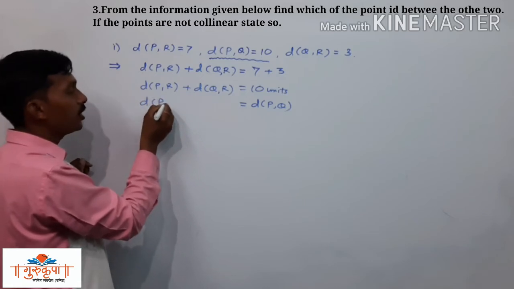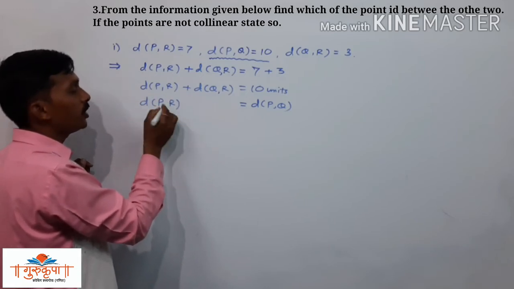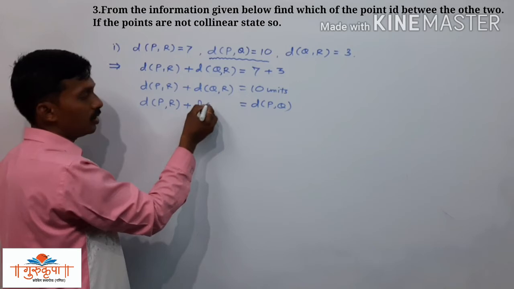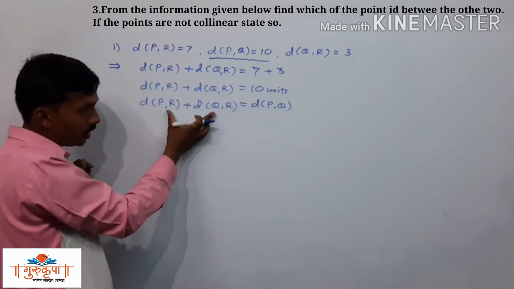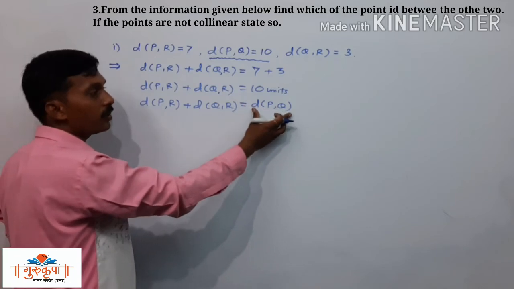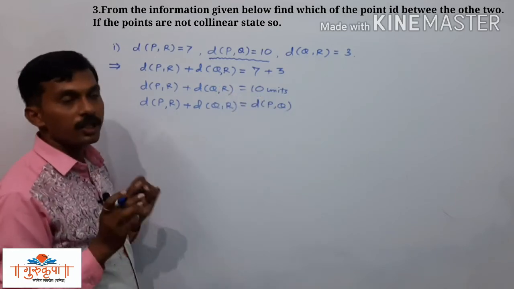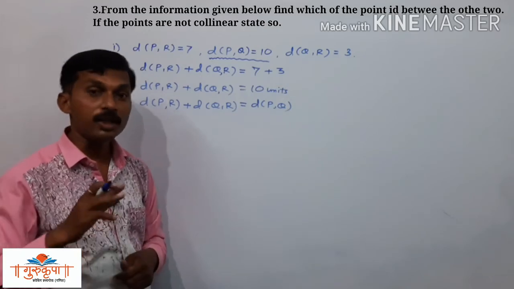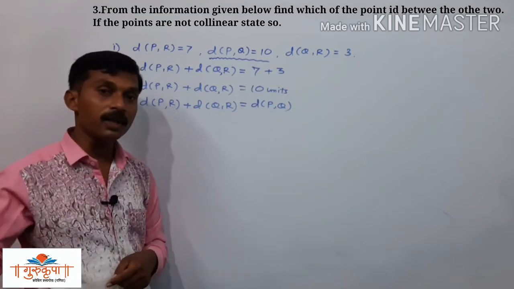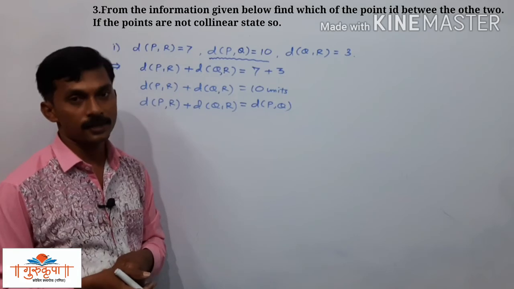It means that the sum of any two distances is equal to the third distance. It means that the given 3 points are collinear, and then we have to decide which point lies between the other 2 points.